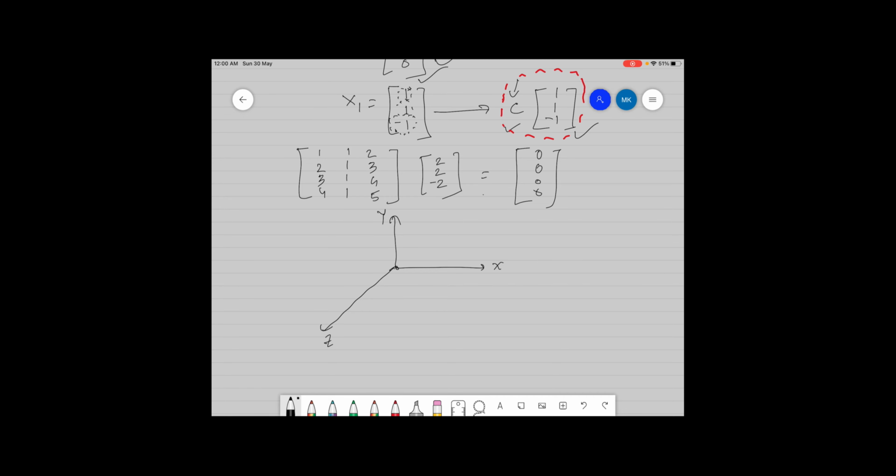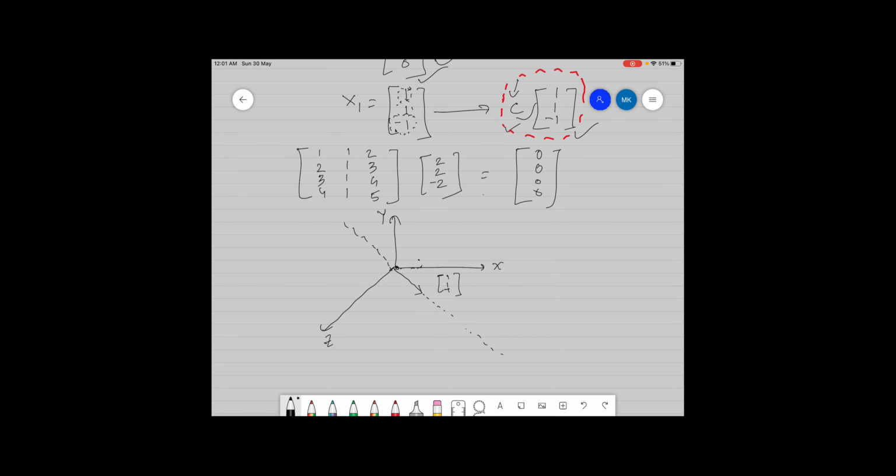Now this vector 1 1 and negative 1, and all its linear combinations, meaning it is multiplied by a factor of c, so it is stretched in the opposite direction and in the forward direction.